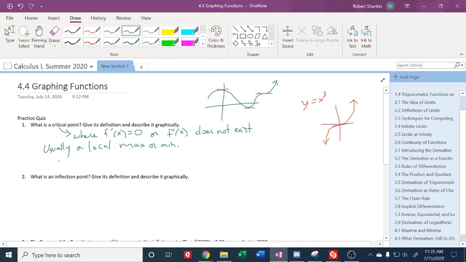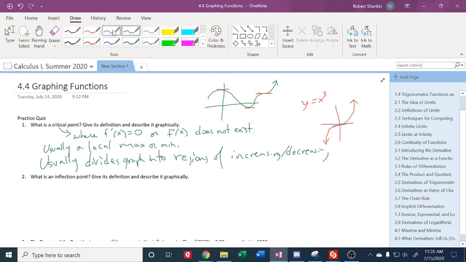Also, it usually divides the graph into regions of increasing, decreasing. Now, we can see that over here.